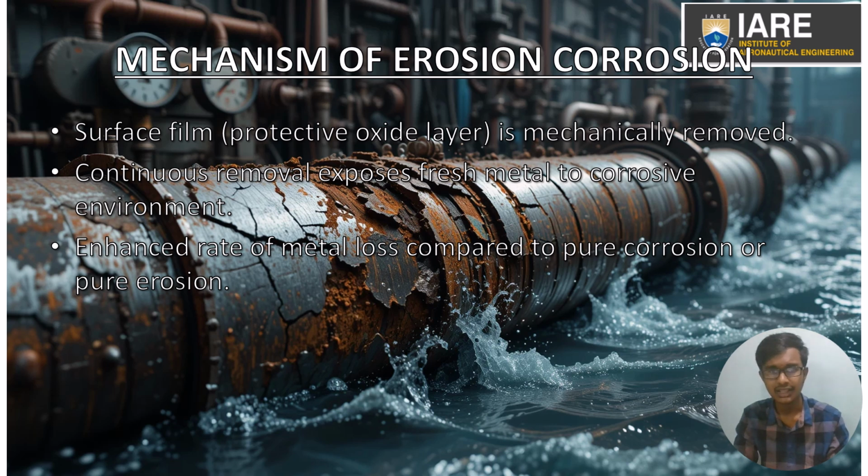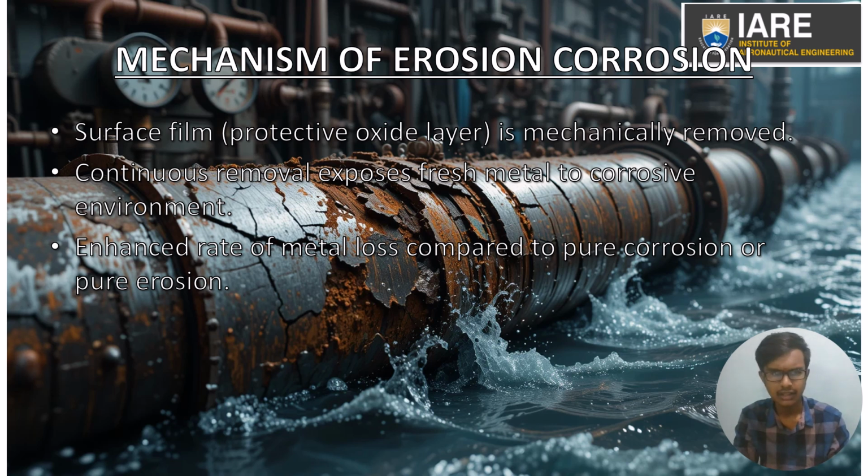However, in environments with high velocity fluids or abrasive particles, this protective film can be mechanically worn away. So this is the first step of the mechanism of erosion corrosion.